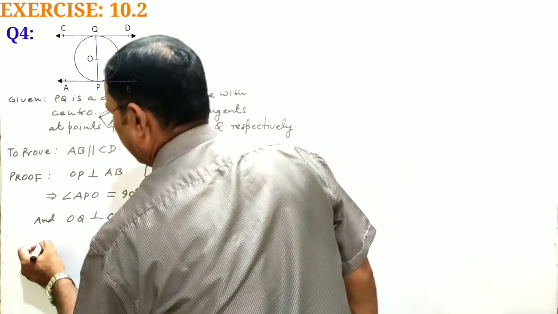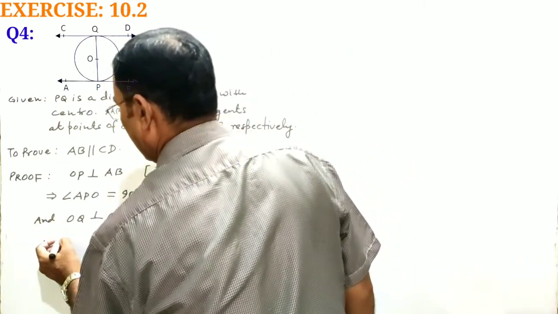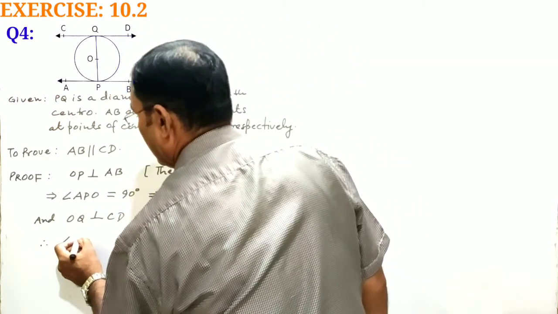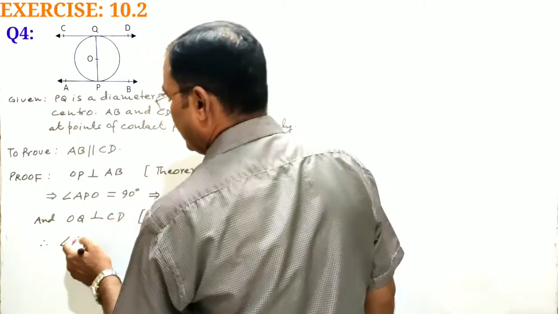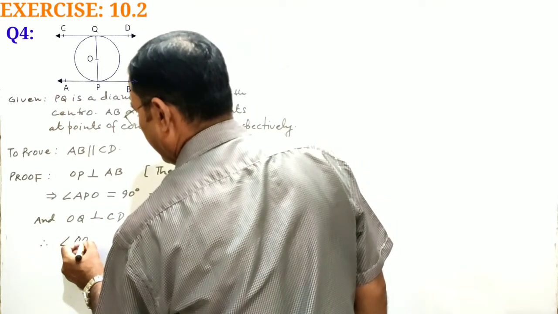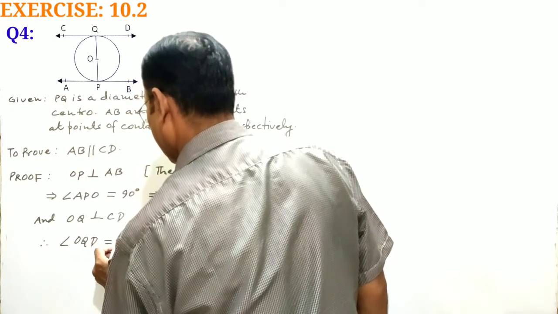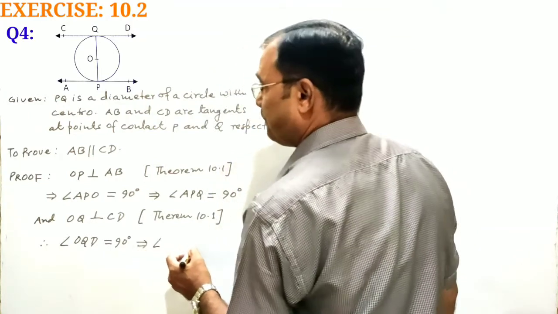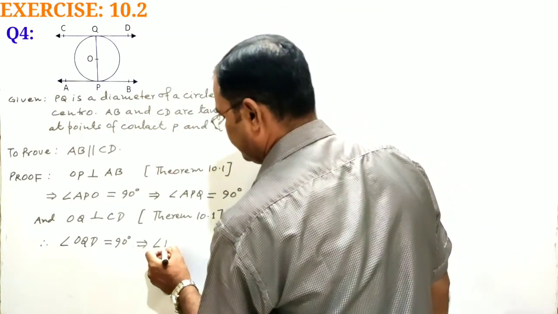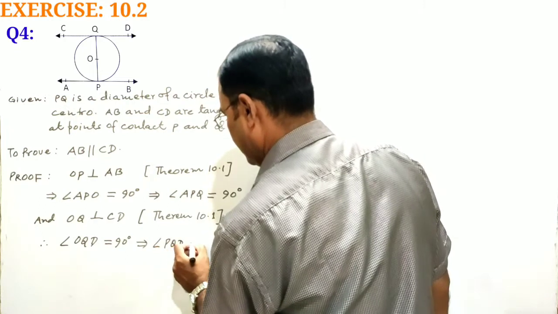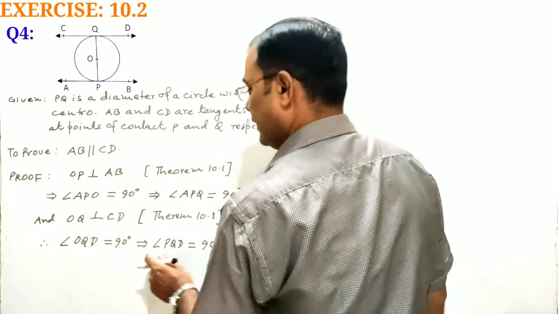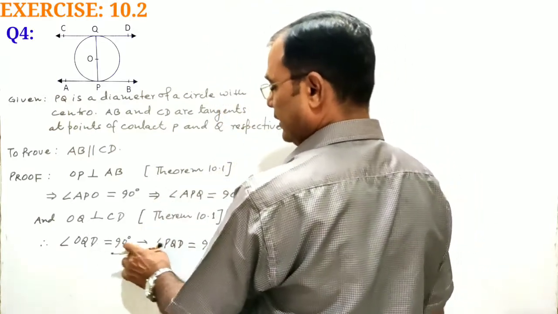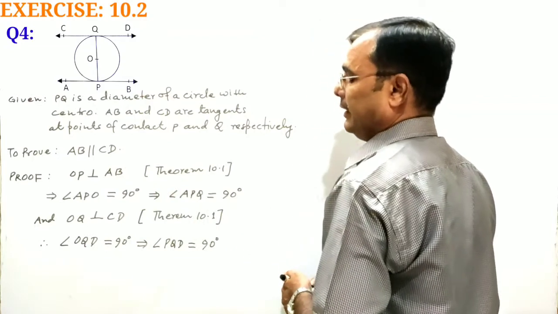So, therefore, angle OQD is equal to 90 degrees, and it further implies that angle PQD is equal to 90 degrees. Angle OQD and angle PQD both are the same angle, only there is a change in the names of the angles.